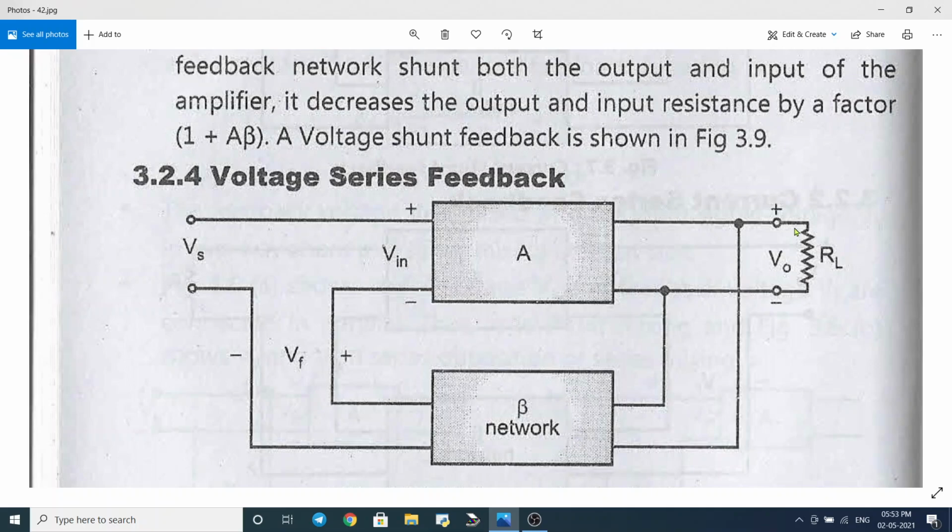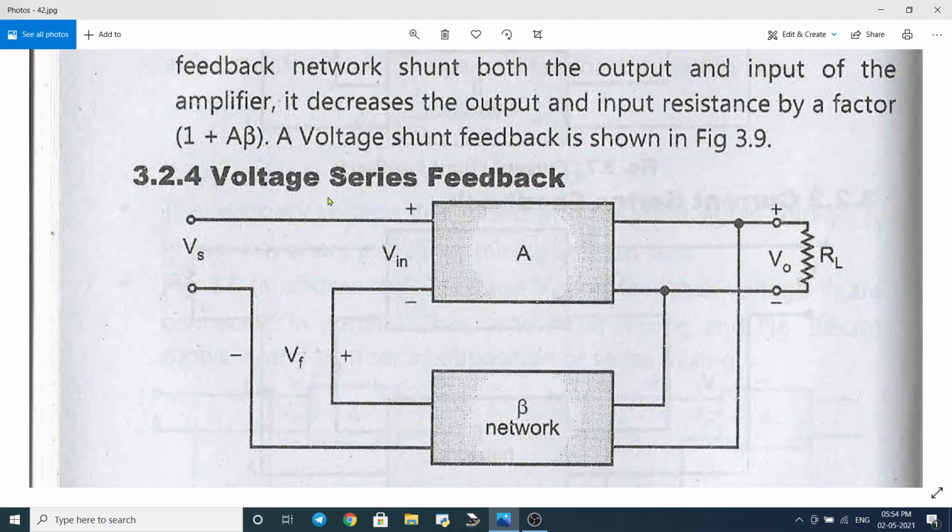That means the feedback network and load resistor are in parallel. So this voltage as it is appears here. That means the feedback voltage is directly proportional to the output voltage.